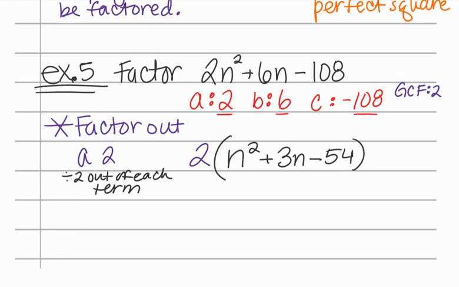The 2 is going to stay on the outside of everything. Okay, so now I'm going to re-identify my A, B, and C. Now my A inside is a 1, my B is a 3, and my C is negative 54.